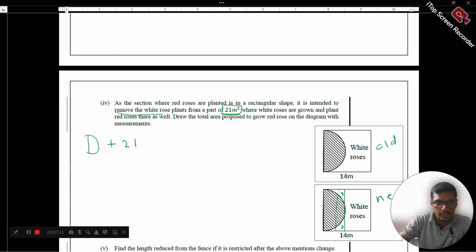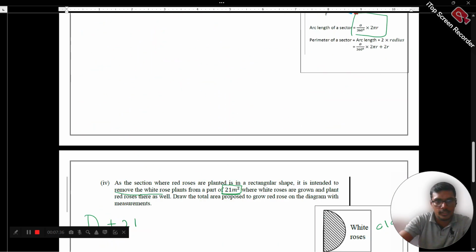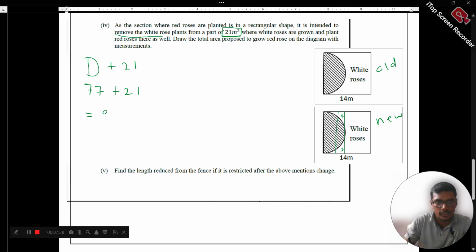So 77 plus 21 will be 98 meters squared. It will be the new area.